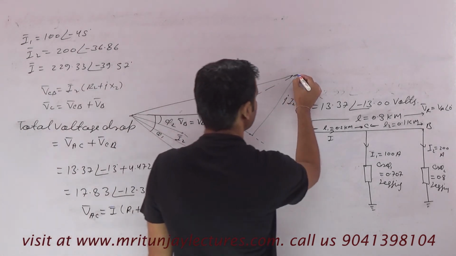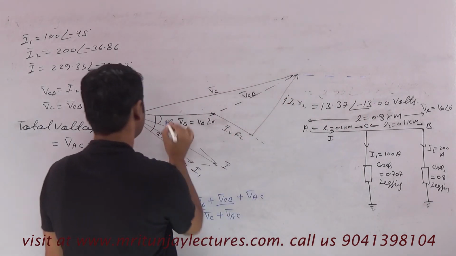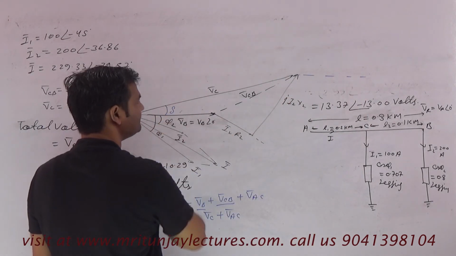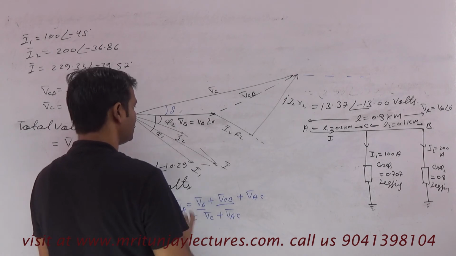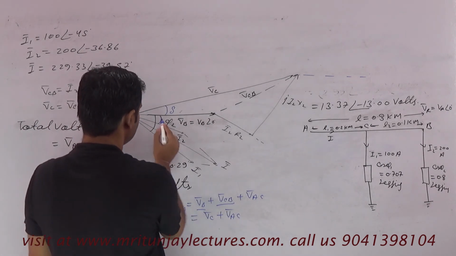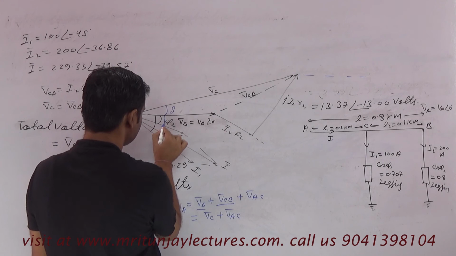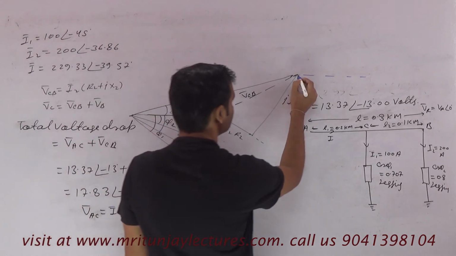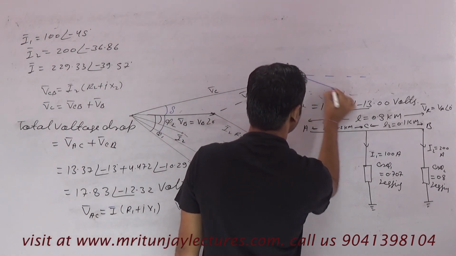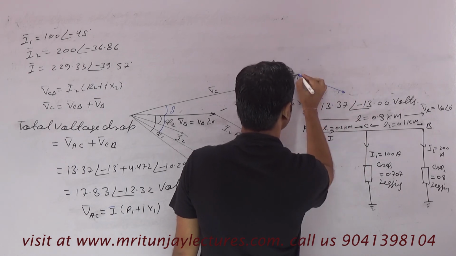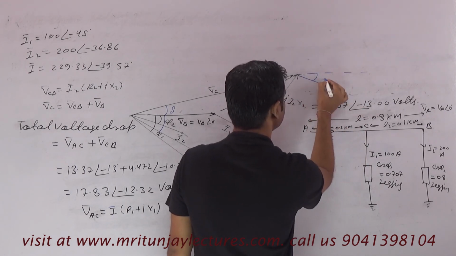Now it is represented like this one, and suppose that is delta, that is alpha or delta, whatever. Here this angle is phi, so I is represented corresponding to this one, that is phi.